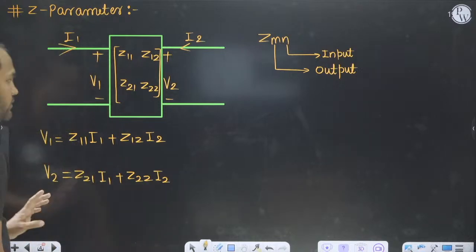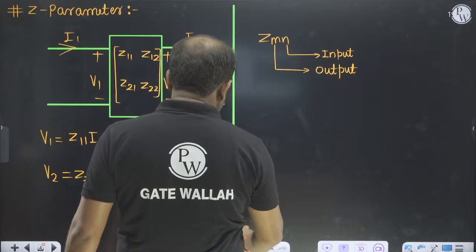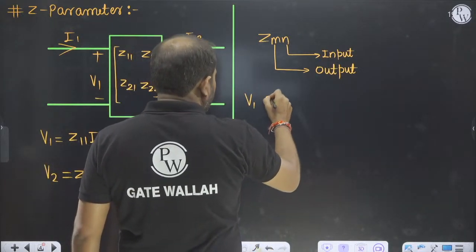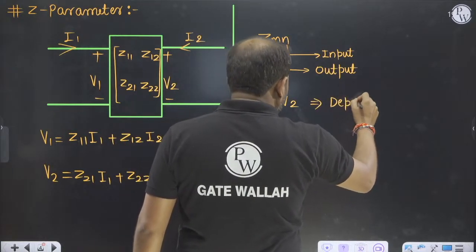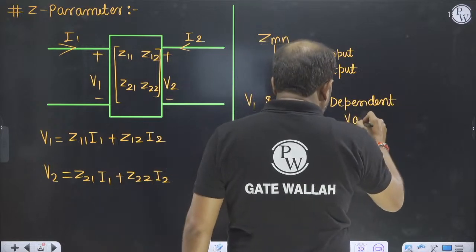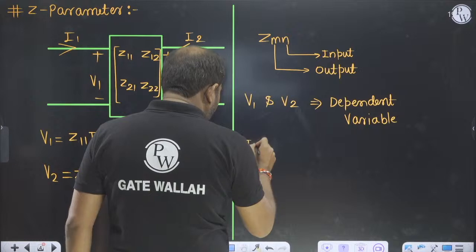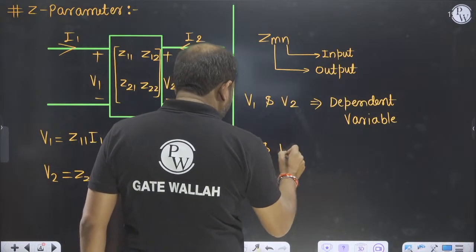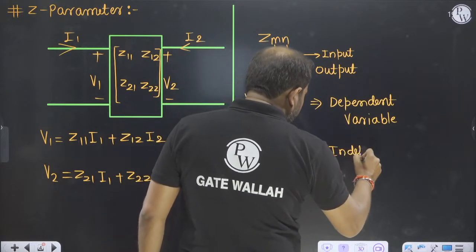What is dependent variable and which one is independent variable? So here V1 and V2 are dependent variables, and I1 and I2 are independent variables.